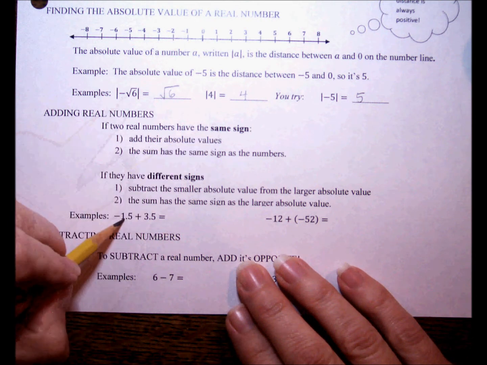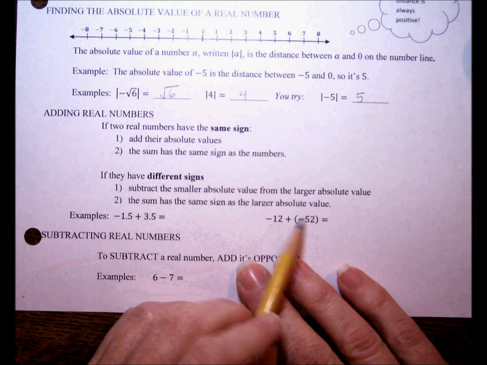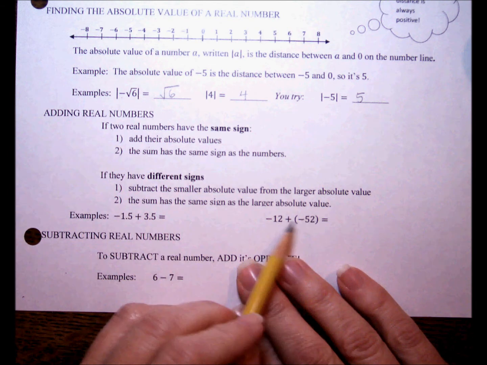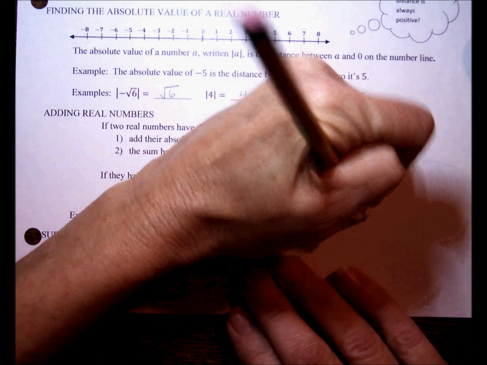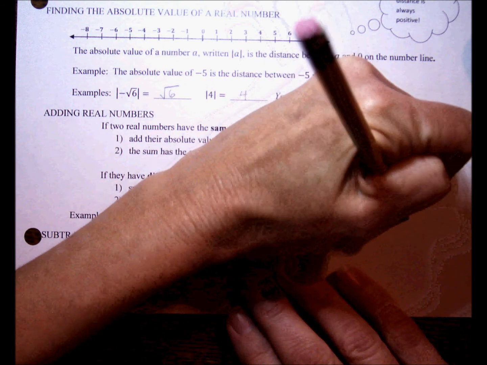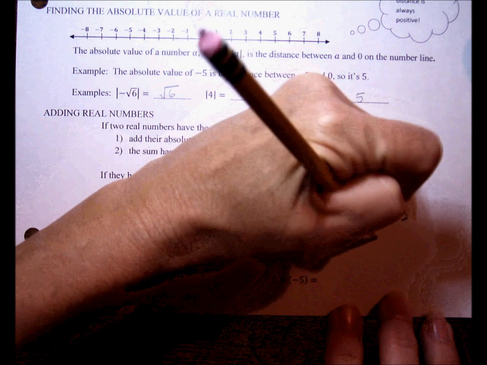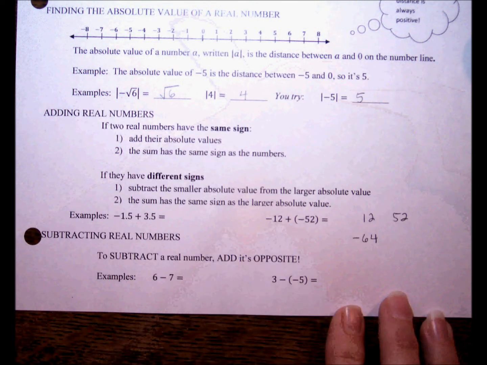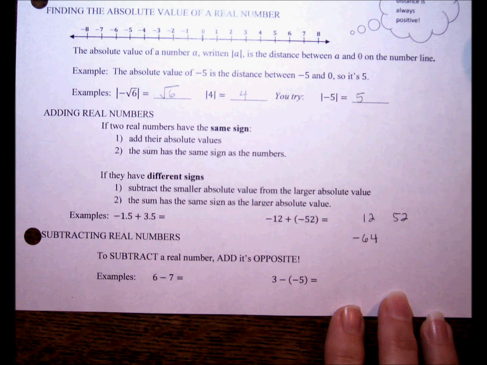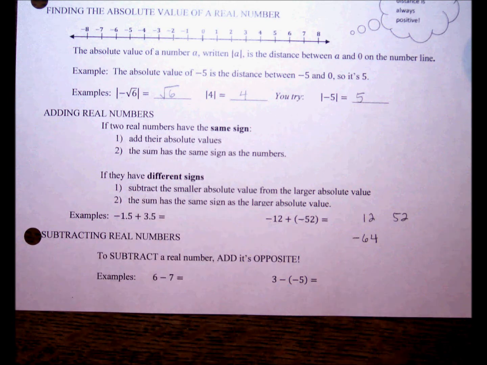When you're adding real numbers or integers, which is a subset of real numbers, if two real numbers have the same sign, like these two, then we're going to add their absolute values and then give the sum the same sign as the numbers. So the absolute values are 12 and 52 in this case. Their sum is 64, and we need to put this negative there because the original numbers were negative.